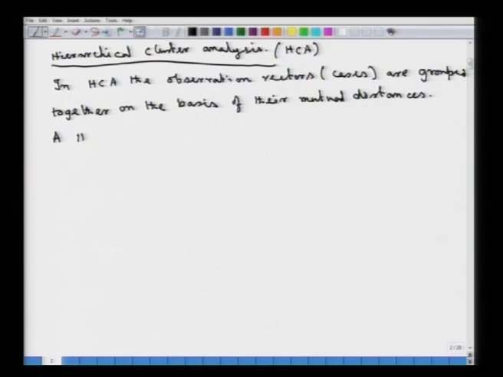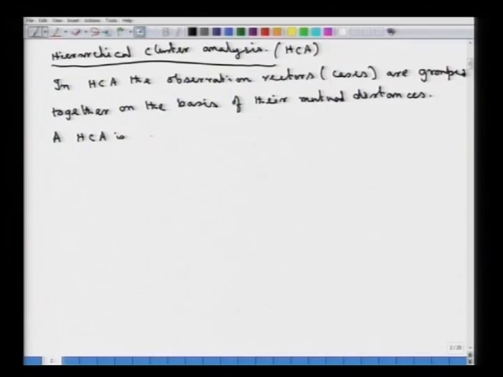That observation vectors are grouped on the basis of mutual distances is true even for non-hierarchical clustering. However, when we look at hierarchical clustering, the following is going to be true.